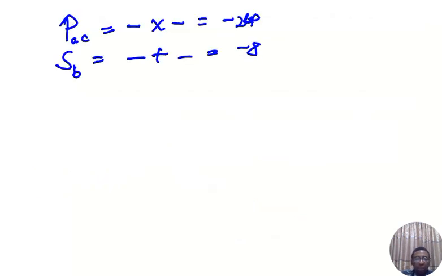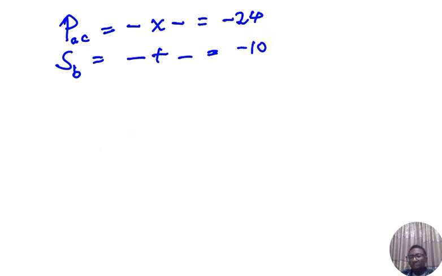So the product is minus 24 and the sum is minus 10.